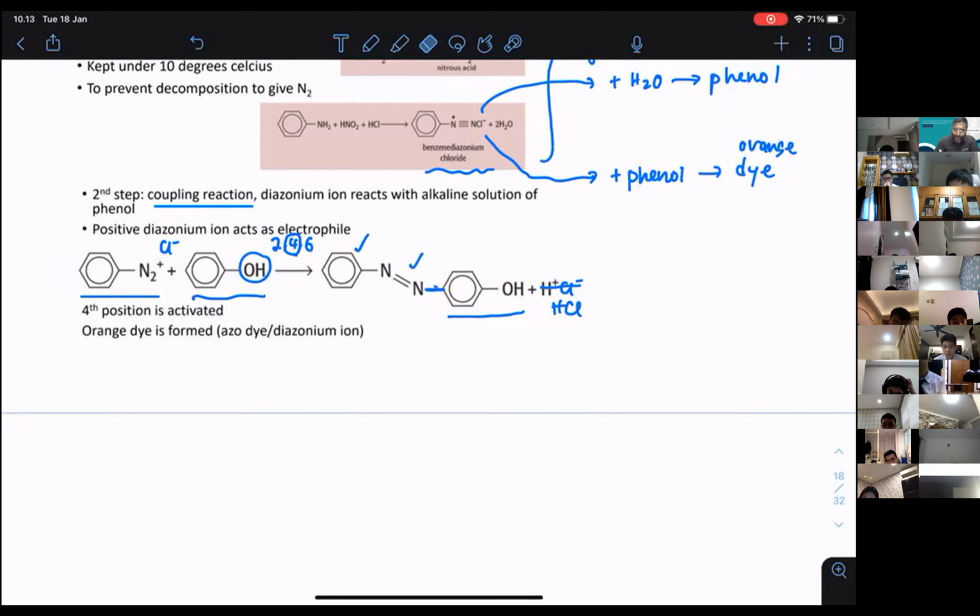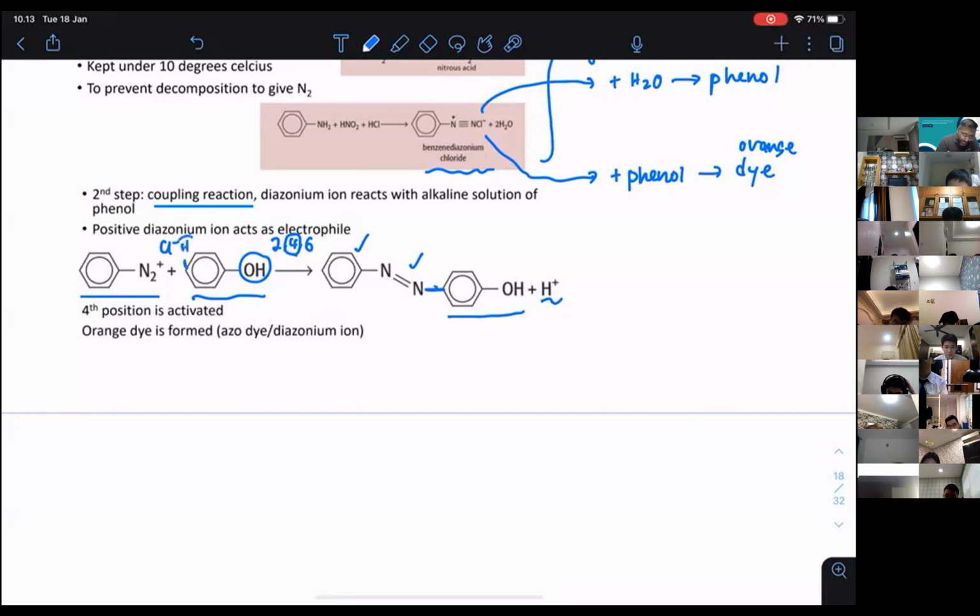So if you are wondering where the H plus is coming from, the H plus is actually coming from here, the one that used to be here. That is why they put it over there.